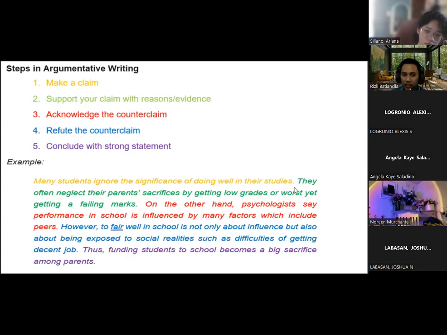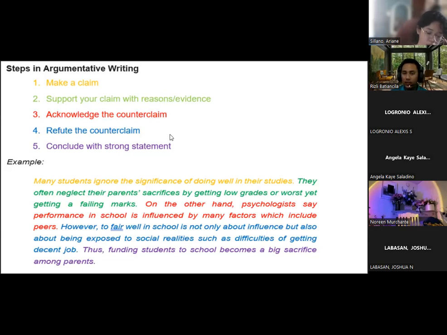Okay, so yung kanyang claim, yung mga estudyante ngayon, ni-ignore yung significance of a study. Ano yung kanyang patunay doon sa kanyang claim, ano yung kanyang reasons or evidence? Okay, so they often neglect daw the parents' sacrifices ng mga students by getting low grades, or worse, pagsak. Okay, so that is the support para sa kanyang claim.